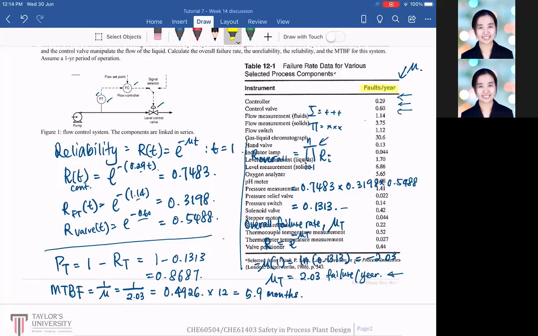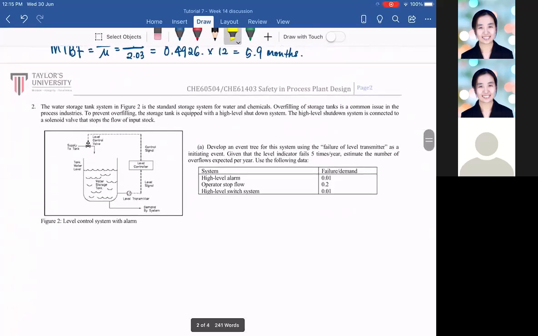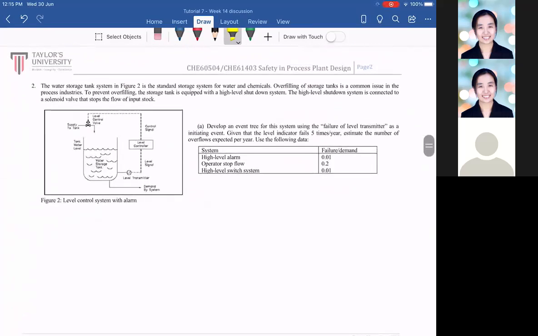Any questions so far, class? If not, then we go to the second part of the second question.